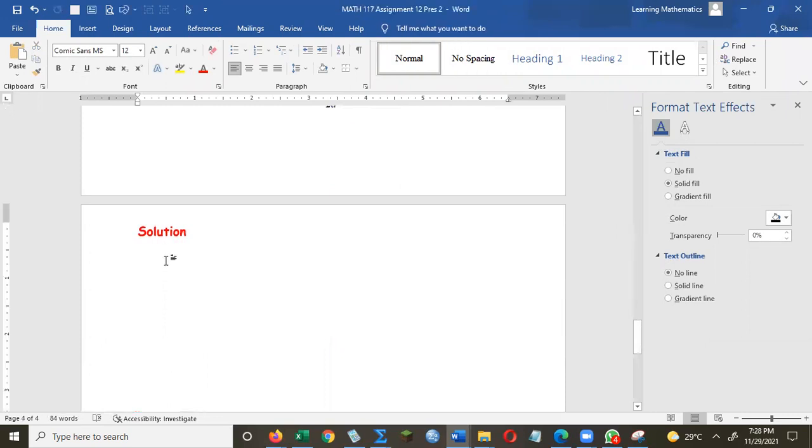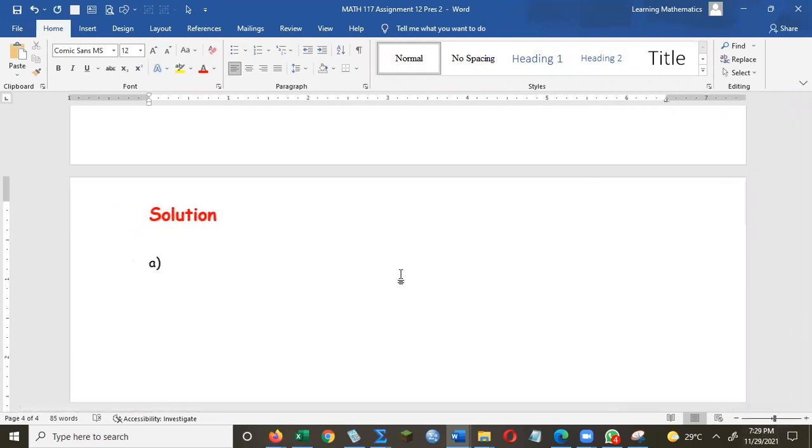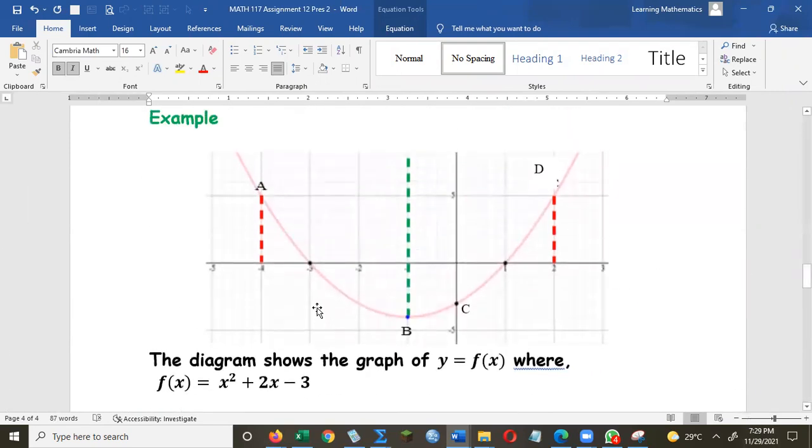Okay, so for part A, we're going to find what is y. Y is the same as f of x. F of x is the same as y. And we want to find what is f of -4, so we can get the y value.